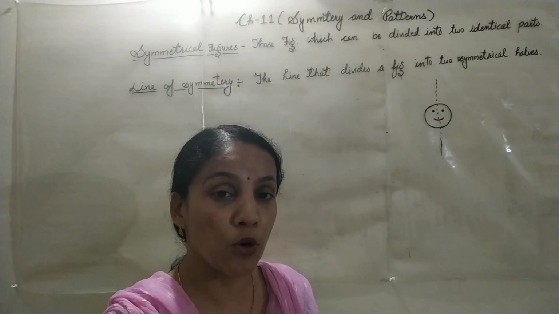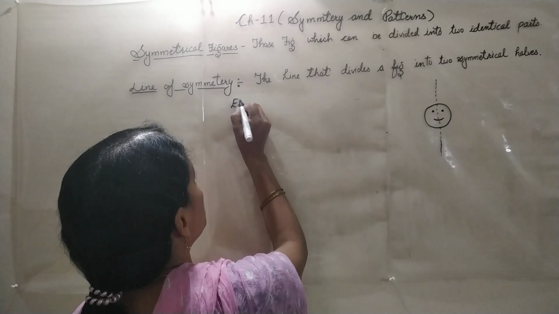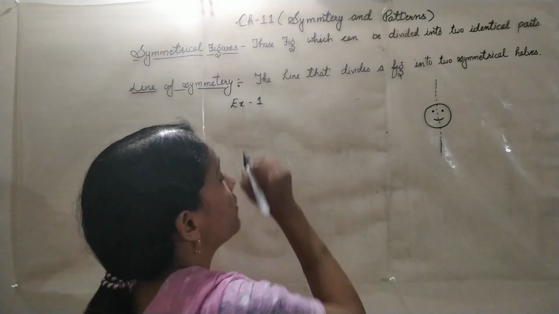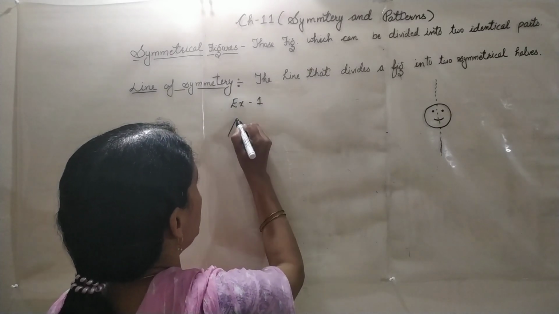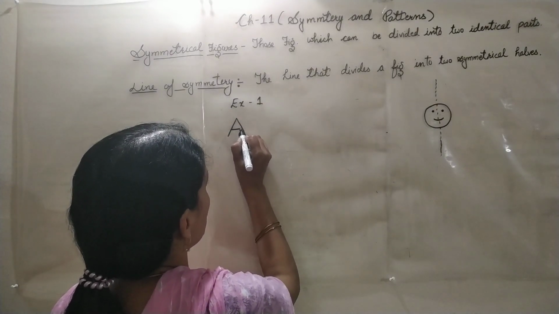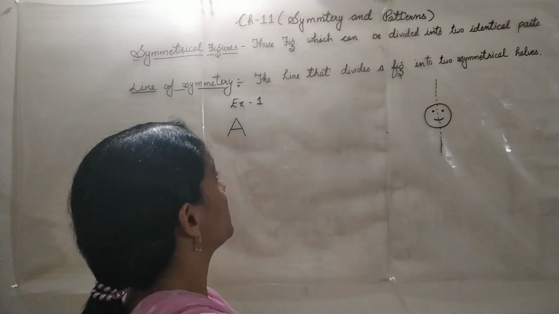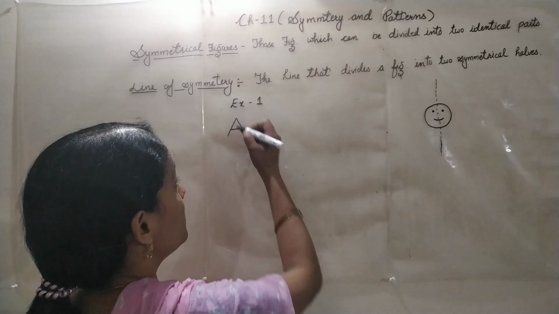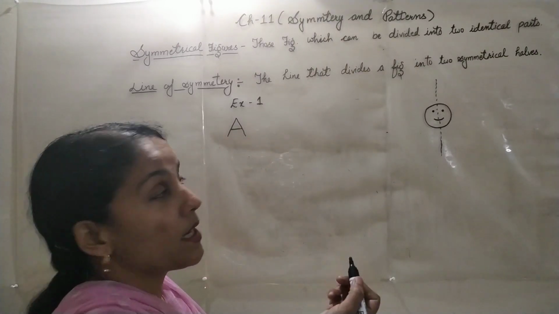Now next we are going to do exercise 1, where you have to draw the line of symmetry for the given figures. The first figure given is the alphabet A. If I make the line of symmetry from this side, what happened?